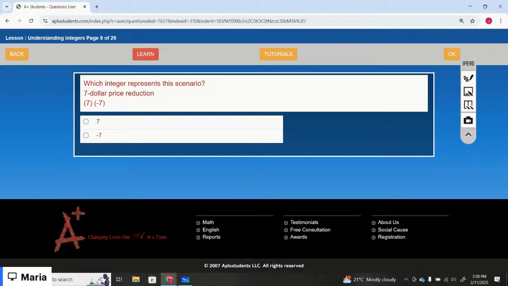So the price is reducing. That would be negative 7.